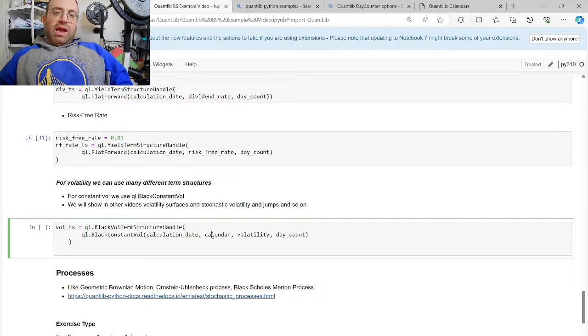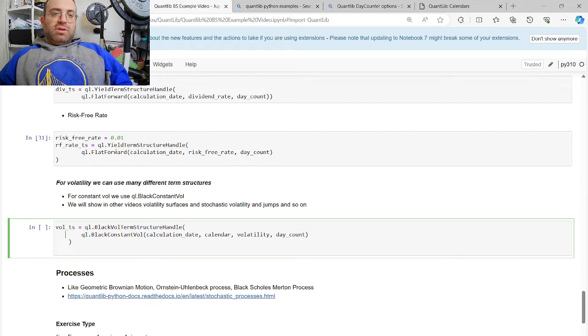Here you need the calendar for a reason: there's no trading during non-business days. So I guess it wants to know that because the volatility wouldn't be the same if there's days off as if there's no days off.